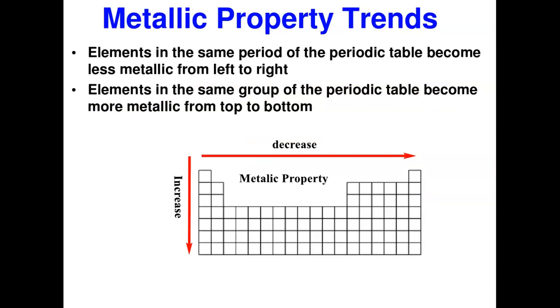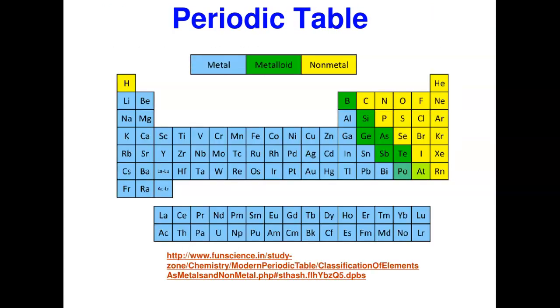Of course, for the metallic property, let me take you to my periodic table here. This is the same periodic table I had in the first part of this module, which shows the periodic table classified into metals and non-metals.